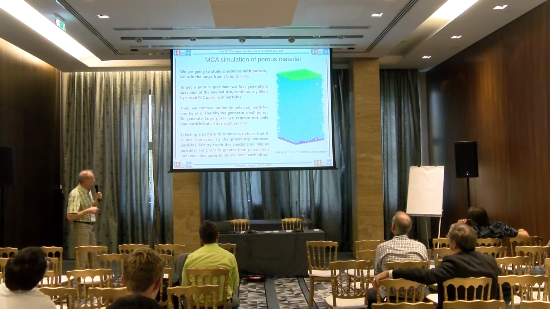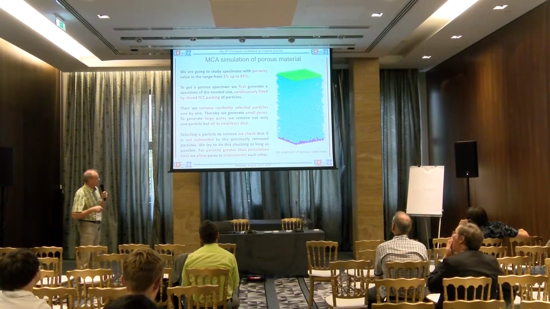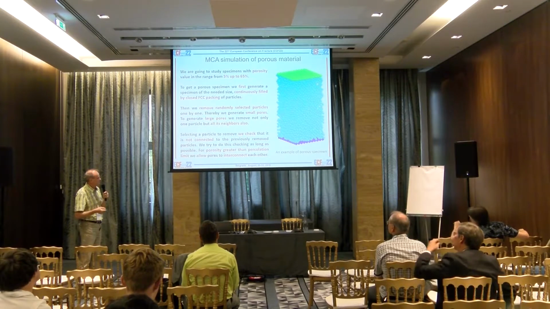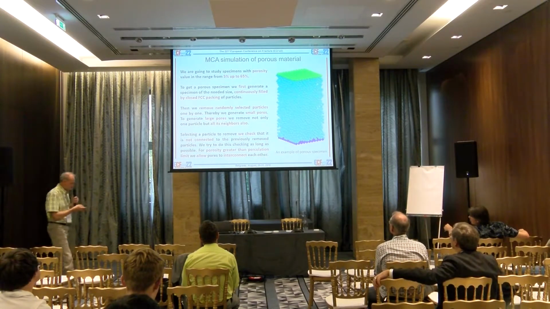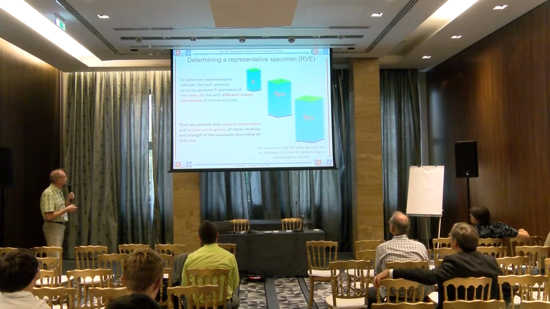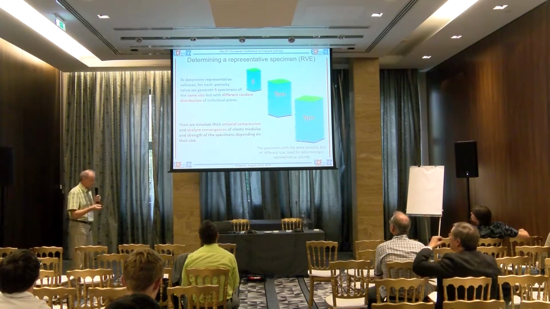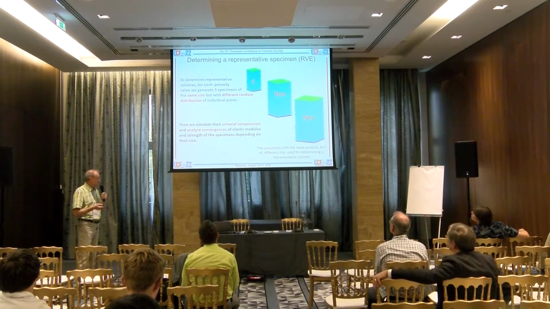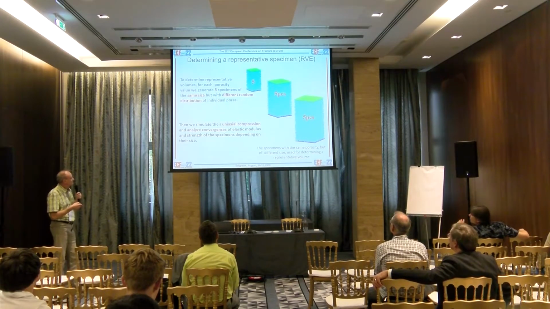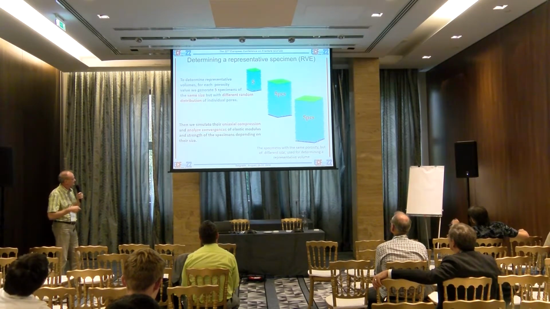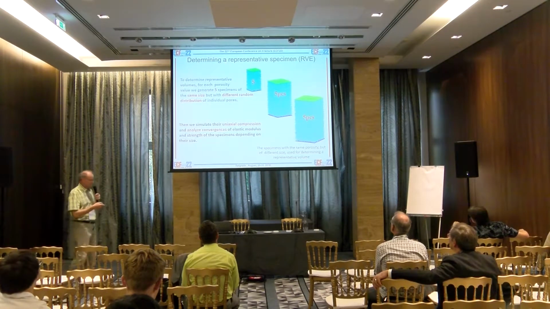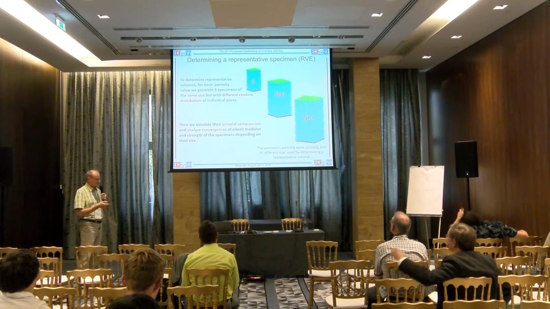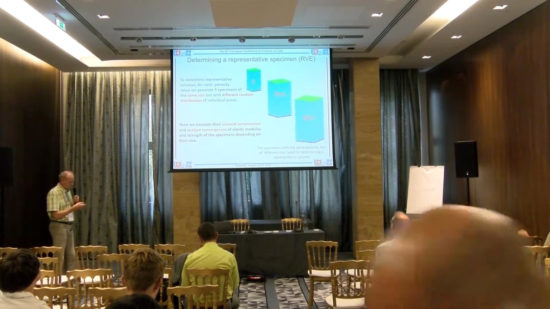In the final analysis we get this porous structure of this level. And because we use random positions, we have, let's say, five or a larger number of small specimens, and then larger and larger specimens, and try to see the convergence of the obtained elastic modulus, strengths, and so on.